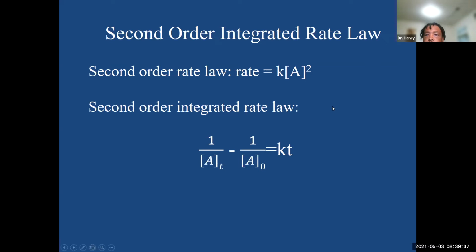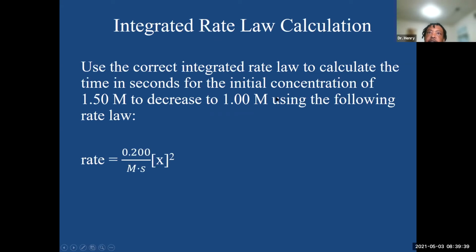So how do we use this? It says use the correct integrated rate law to calculate the time in seconds for the initial concentration of 5.0 molar decreasing to 1.00 molar using the following rate law.